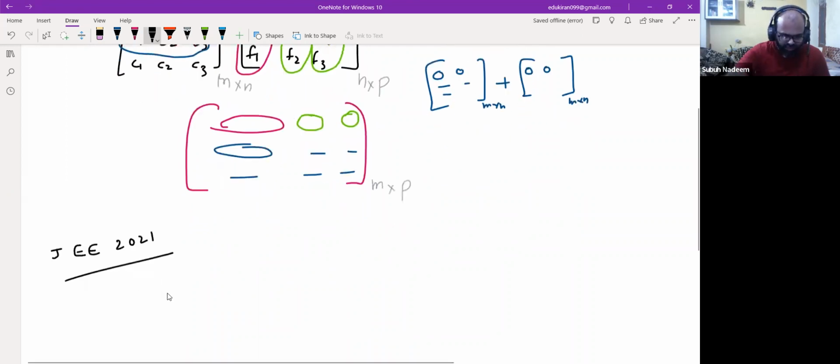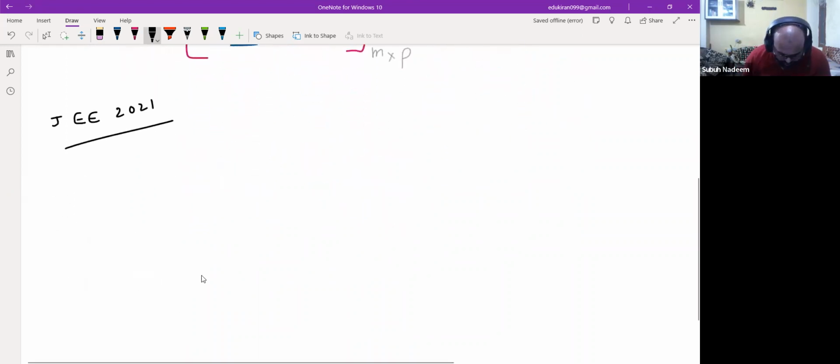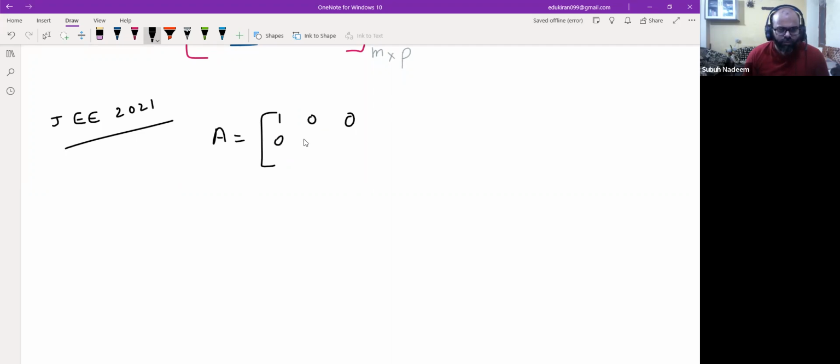Let A be a matrix with rows 1, 0, 0; then 0, 1, 1; and then 1, 0, 0.